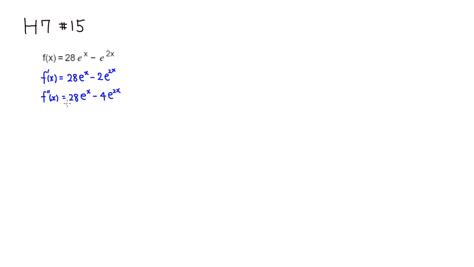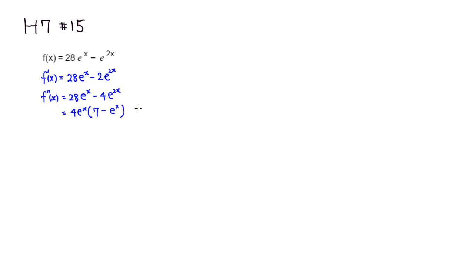Since there's a common factor, I'm going to pull out 4 and also e to the x. If you pull out 4 from 28, you have a 7 left over, so 4 times 7 is 28. And then you have a minus, 4 is pulled out, and e to the x pulled out from e to the 2x leaves another e to the x.